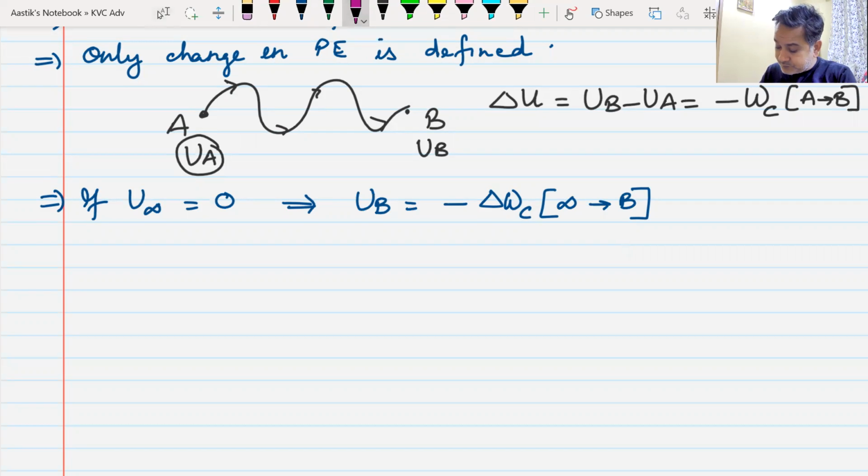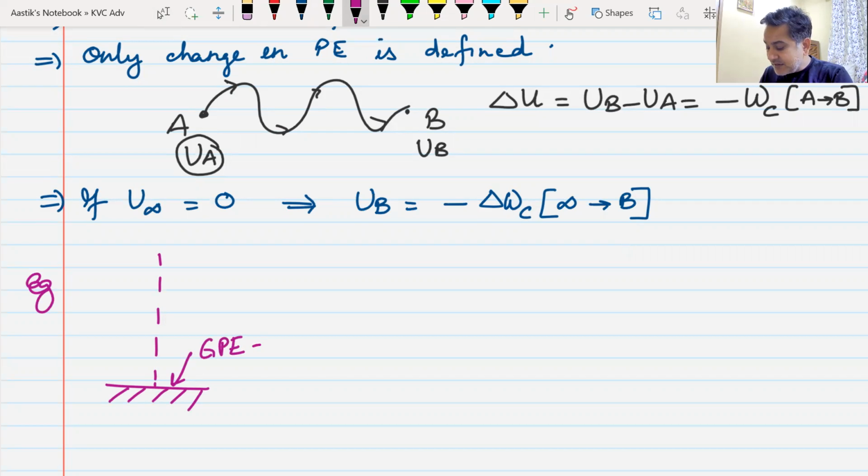Whenever we deal with any question on gravitational potential energy, we can take the gravitational potential energy of the lowest point as zero. That is what I do. In most cases, the lowest point is the ground, unless the question says otherwise.